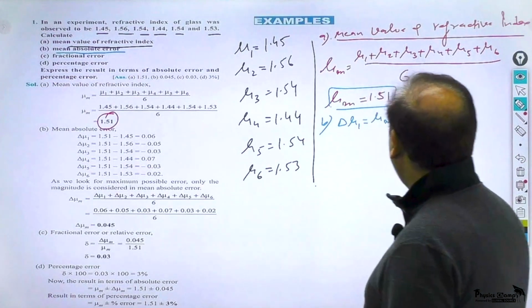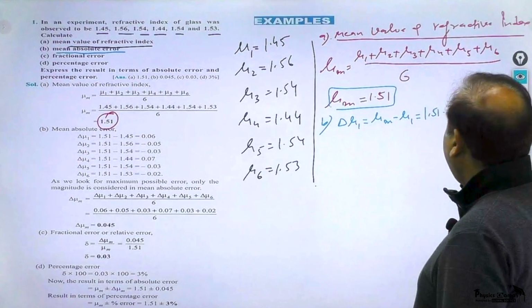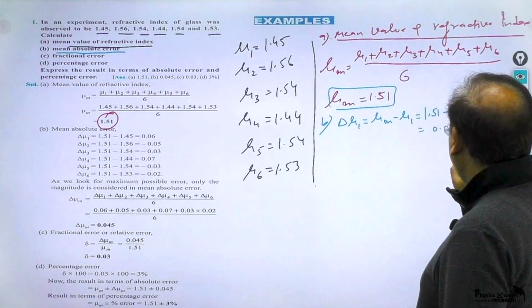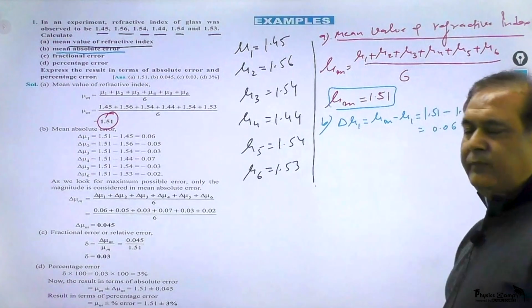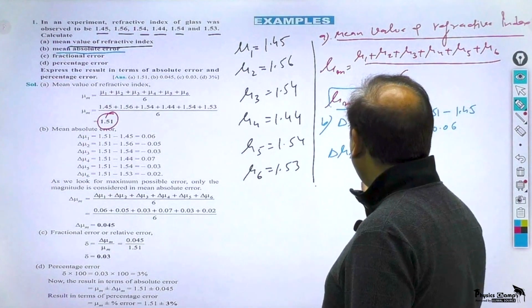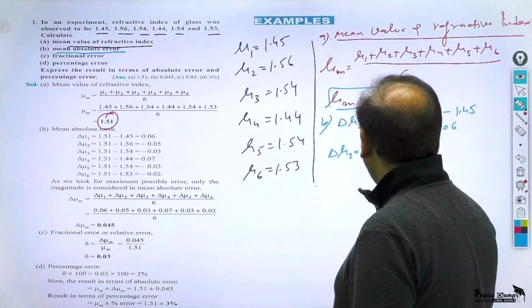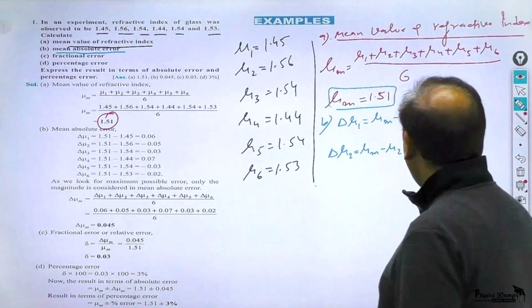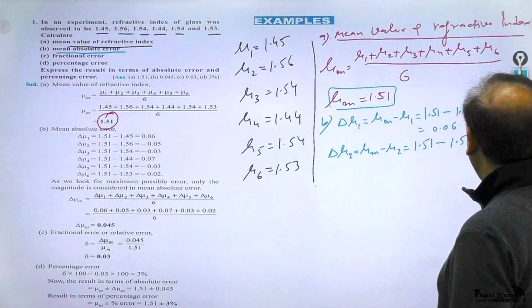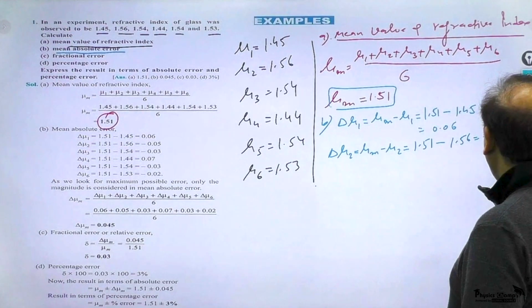So this is 1.51 minus 1.45 and it is 0.06. Similarly, error in the second reading will be mu_m minus mu2, 1.51 minus 1.56, but here this is minus 0.05.